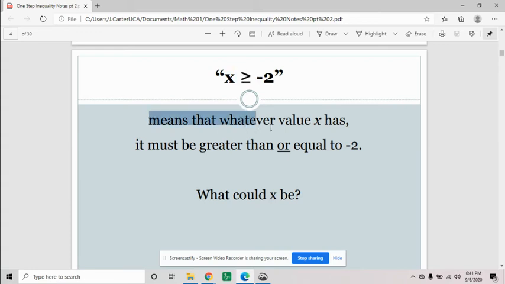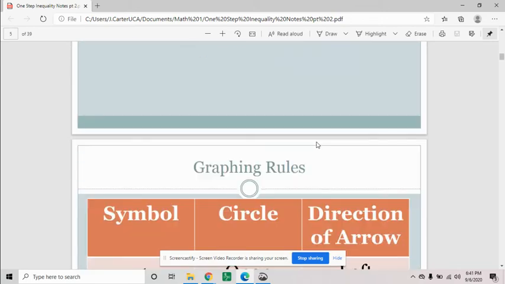And it says right here, that means that whatever value x has, it must be greater than or equal to -2. Because again, you see that there's a line under that arrow. So x could be anything that's greater than -2. It can go or equal to -2. So it could be -2, -1, 0, 1, 2, 3, 4, 5, 6. All of those are numbers that are greater than -2.